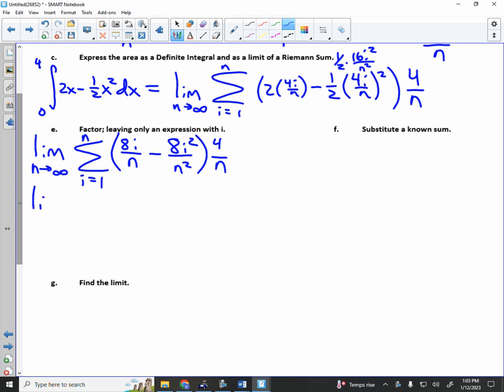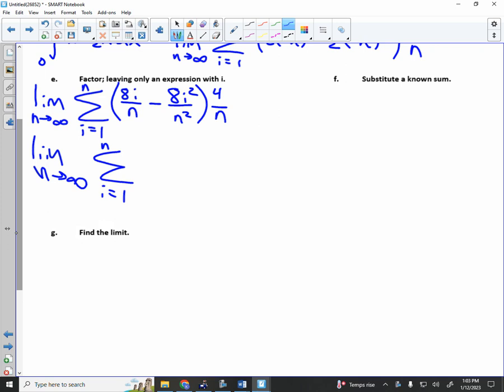All right. Limit as n goes to infinity of the sum from i equals 1 to n. What should we do now? Distribute the 4 over n, and you get 32i over n squared.